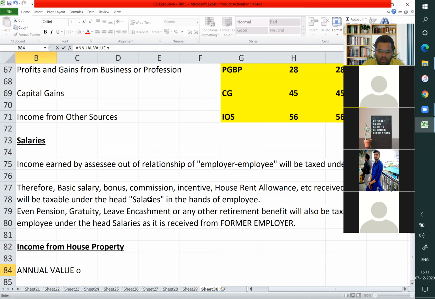Annual value of property which is owned by the assessee is taxable under this head.